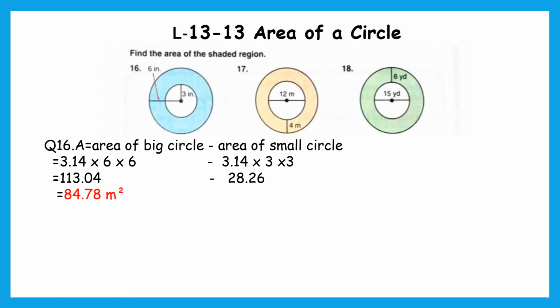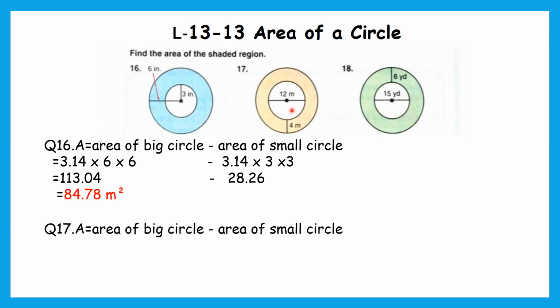Then the next question is 17. In this one, here is a smaller circle, and the diameter is given. What is the radius? 12 divided by 2, that means 6.